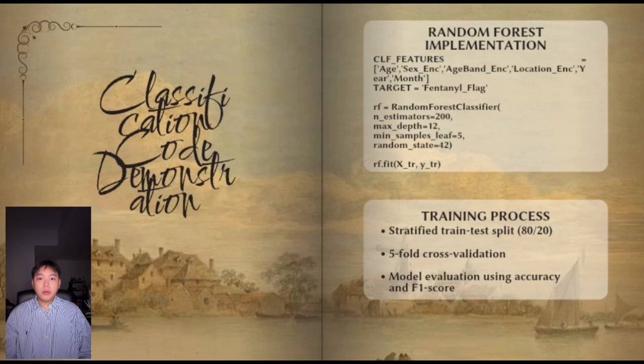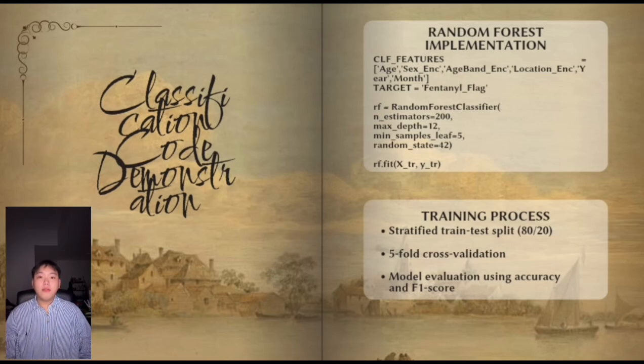This slide shows a simplified version of the Python code used to implement the classification model. First, we define the feature set that includes age, sex, age bound, location, year, and month.